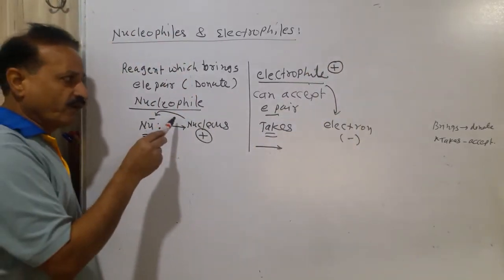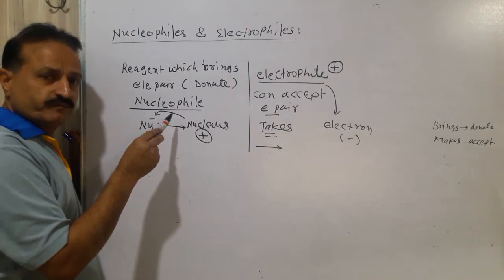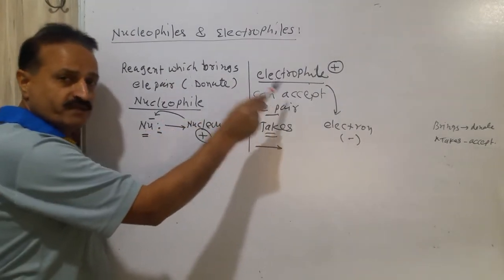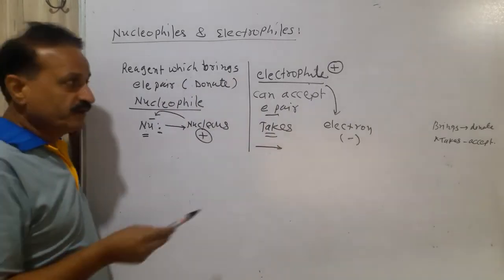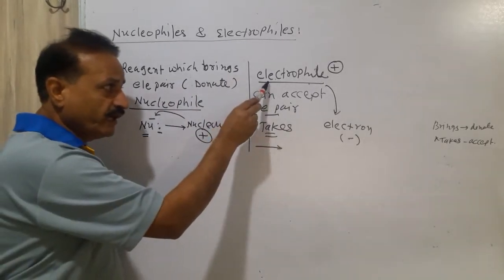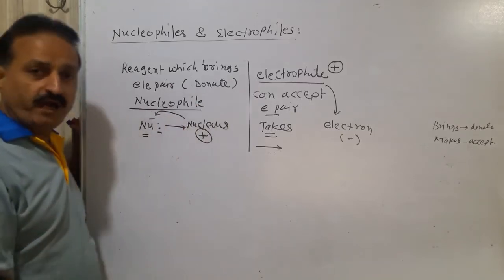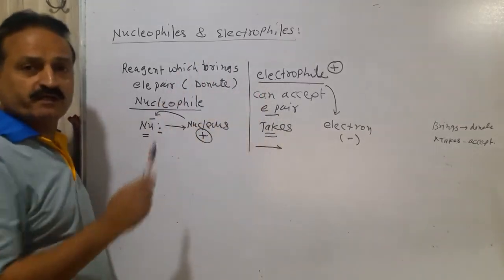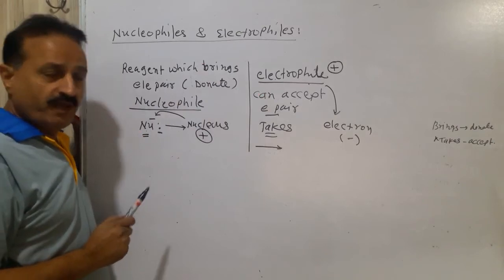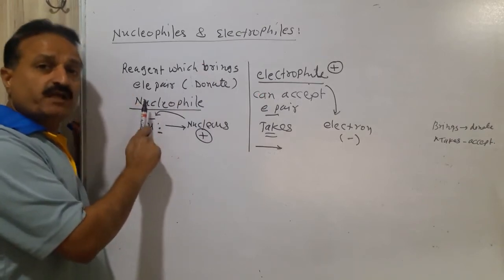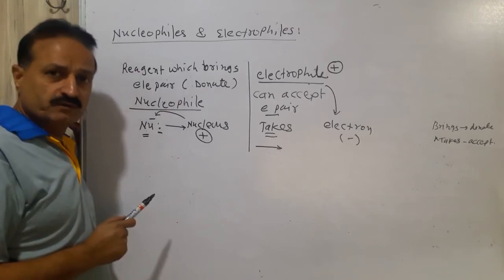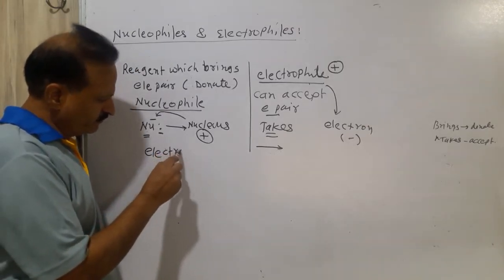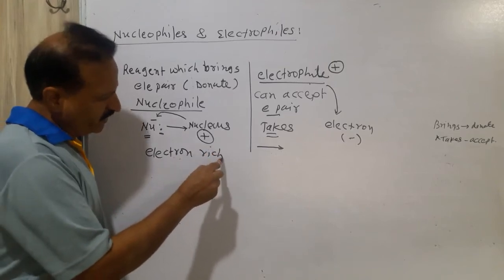This is electron rich reagent, and this is electron deficient reagent. This electrophile requires electron pair, so it is electron deficient reagent, and this reagent can donate electron, so this is electron rich reagent.